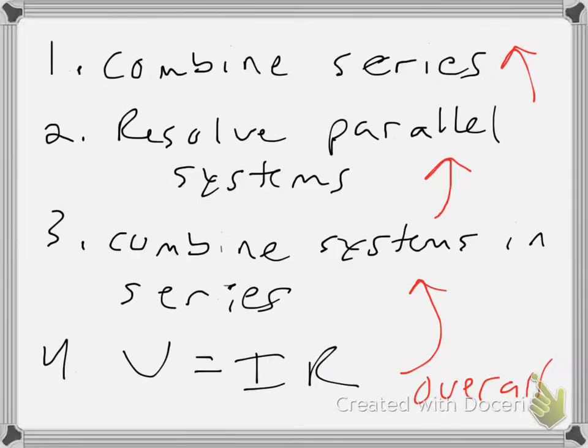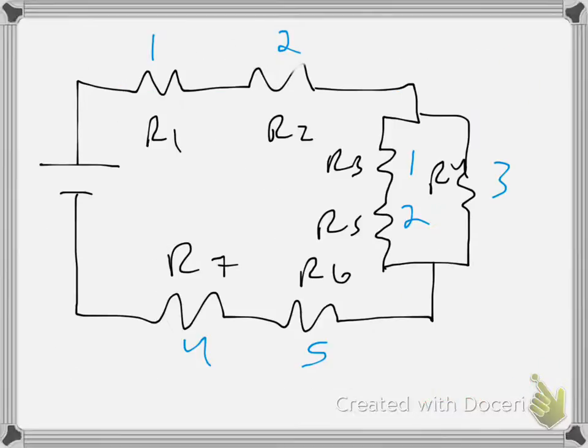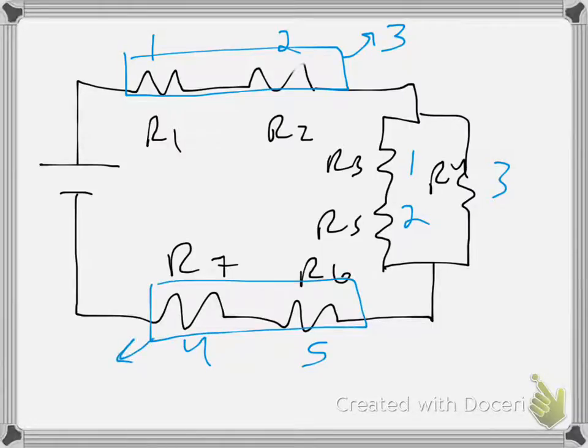So rule 1, combine anything in series. These are in series, so that system is really 3 ohms. These are in series, so that system is really 9 ohms. We do that because the series rule is you just add them together.